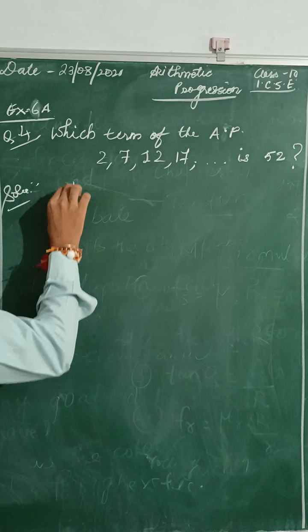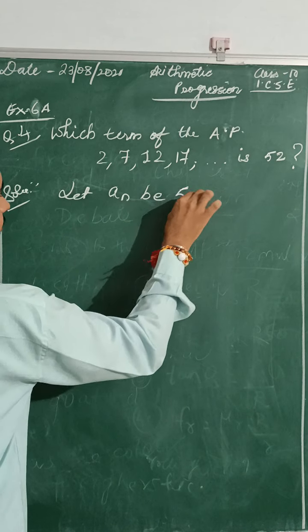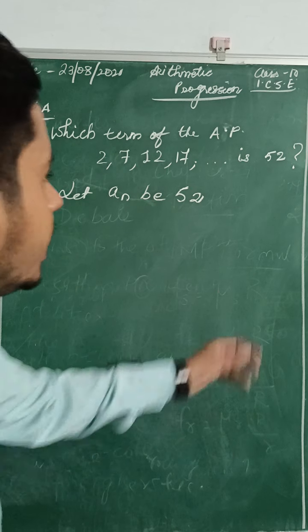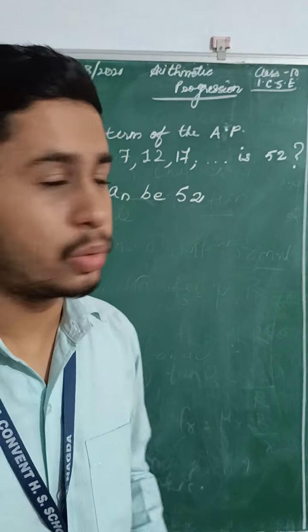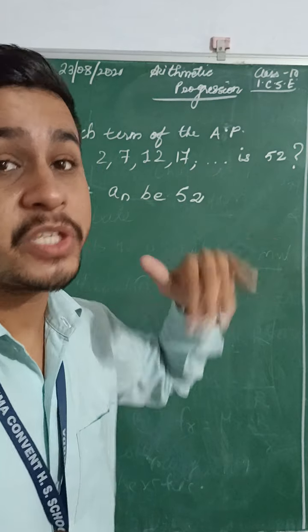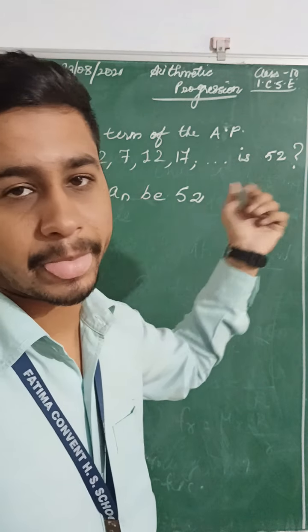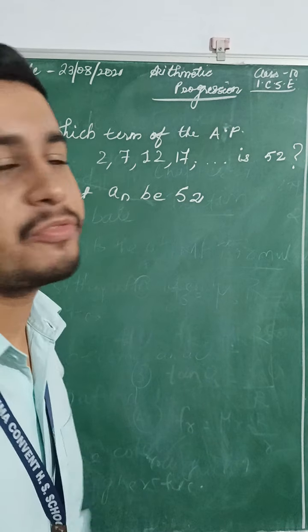Let an be 52. Consider 52 to be the nth term of the series, because we don't know on which position 52 will be, which term will be 52. So let an be equal to 52.